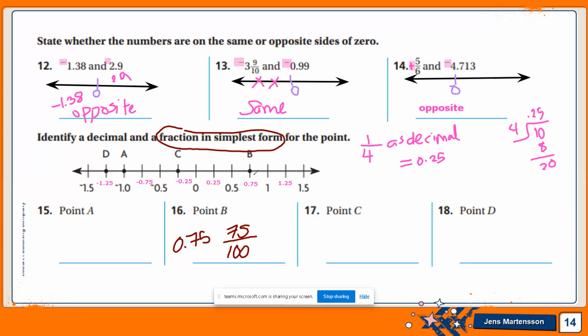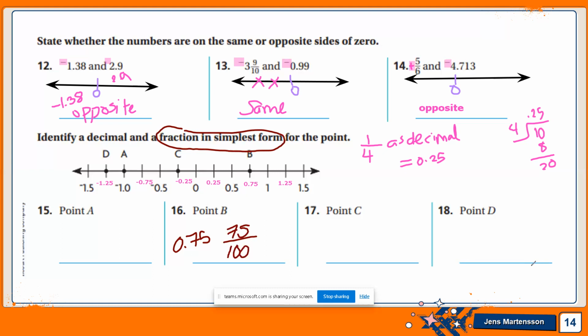Then next, how will you simplify it? What is the common factor that can divide 75 and 100? Let's try 25.